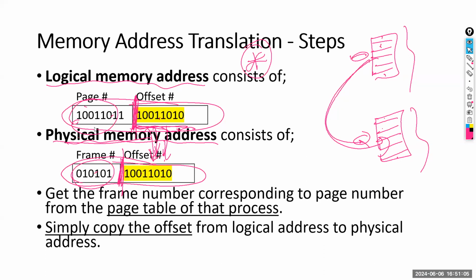You need to look at the table and write it. Then for this particular logical address, you have calculated the physical address. Simple as that. So that is how we do memory address translation.